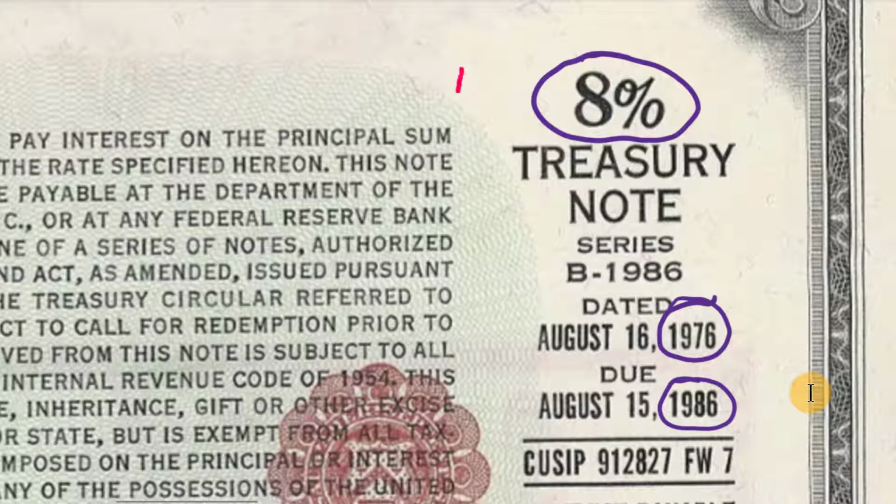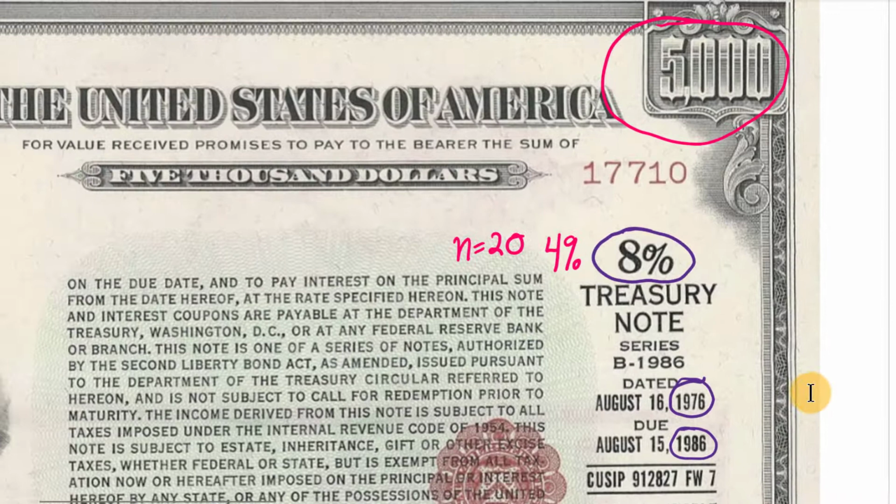We're going to be thinking about this as a 4% interest rate bond. This is because it's 8% per year, it's 4% per half year. It's going to be N equals 20 periods. And then the payment amount each period is going to be not $400, but it's going to be $200, right? It's going to be 4% of $5,000. So the payment equals $200.